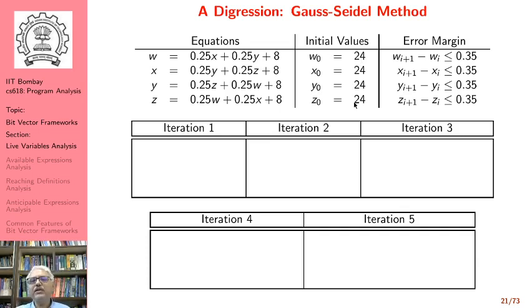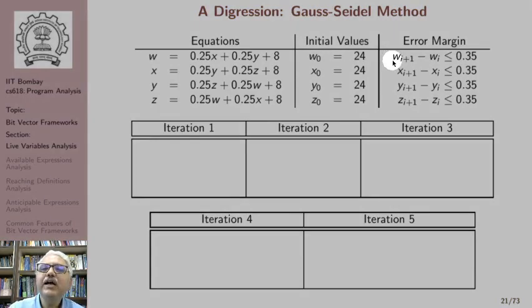We know that this is not the solution. The solution is 16, and we need to reach close to 16. We define our error margin as: when wi plus 1 minus wi is less than 0.35, then we do not want to compute the values further. We have got the values that we want.